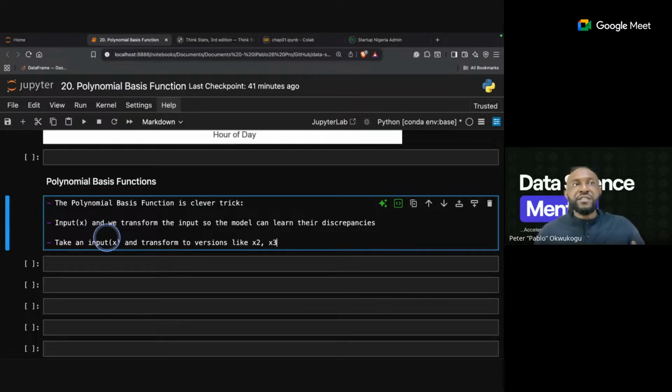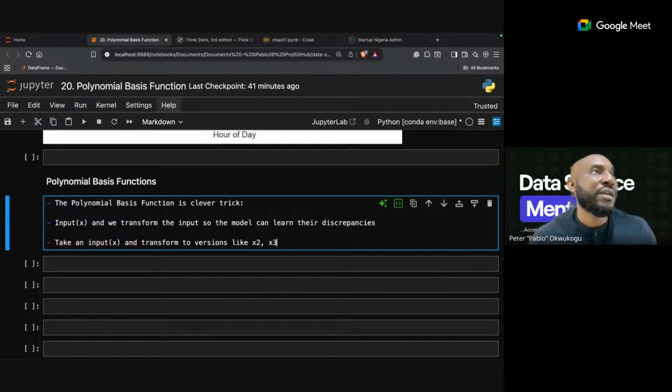Then it tries to fit it into a new space, and in this space it starts to act like a curve. This new space tries to be like a curve that can find the different discrepancies that exist between relationships in features and targets.